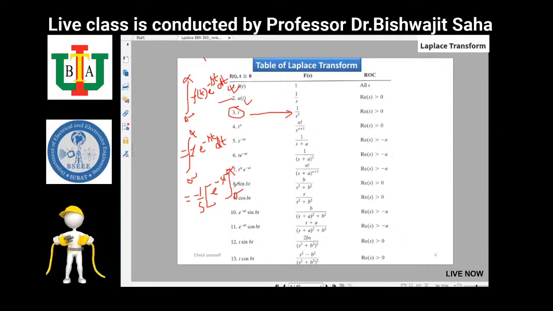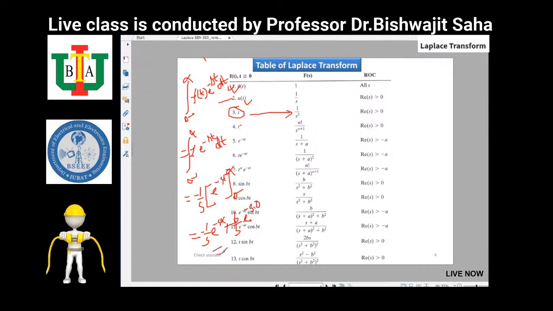If you put this limit, what comes? 1 over s e to the power minus s infinity, minus minus plus, then 1 over s e to the power minus s into 0.